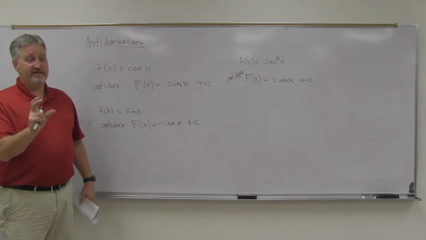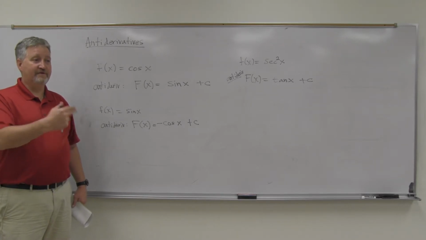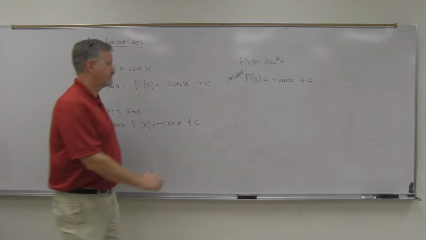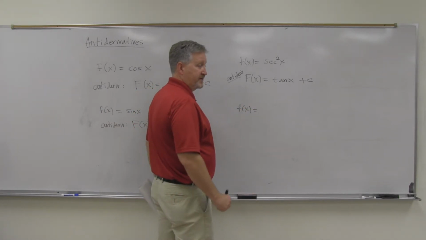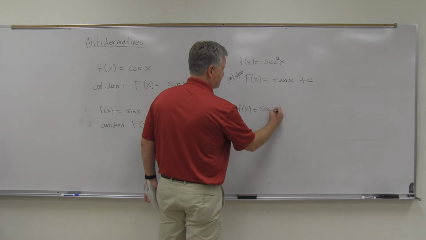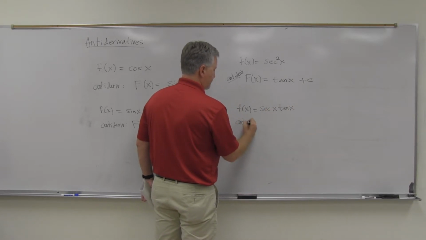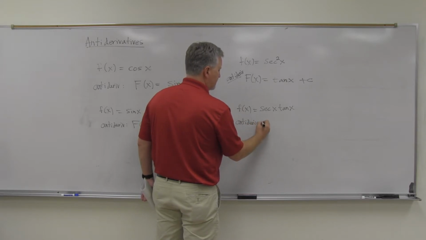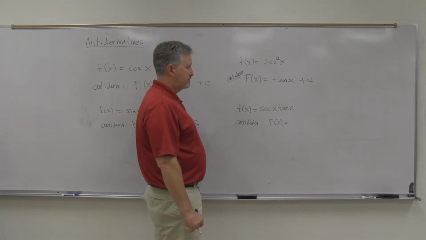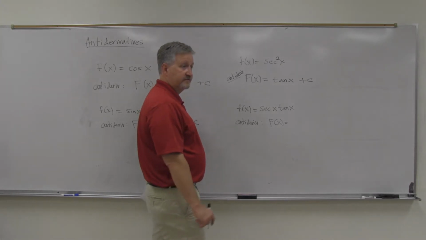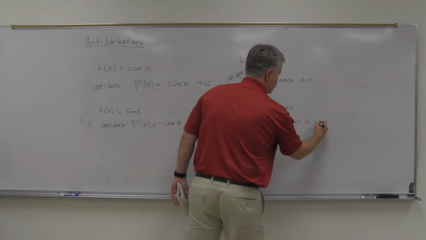So what would be another easy antiderivative? Well, think about the derivatives of some of the functions. Another easy antiderivative would be secant x tangent x. The antiderivative there is nice because that would be secant x plus c.